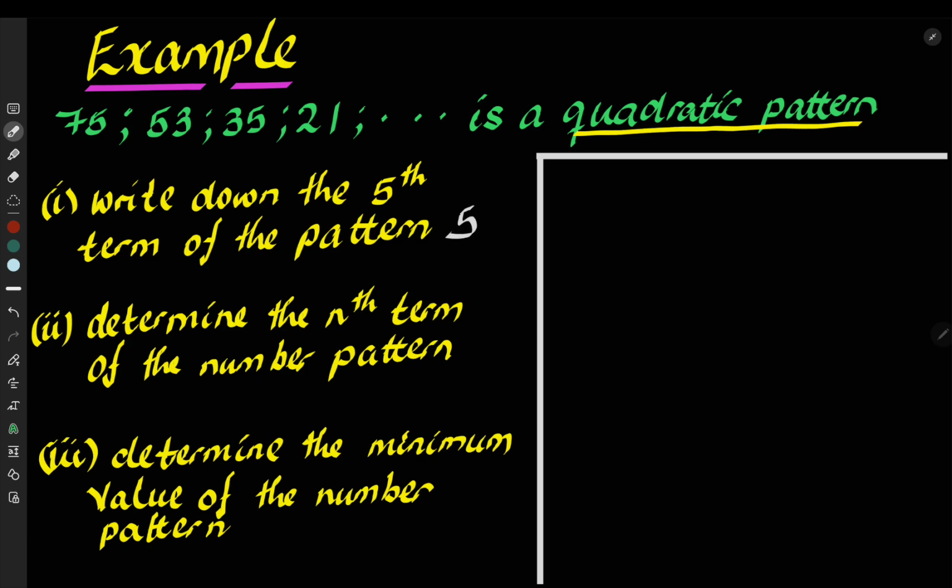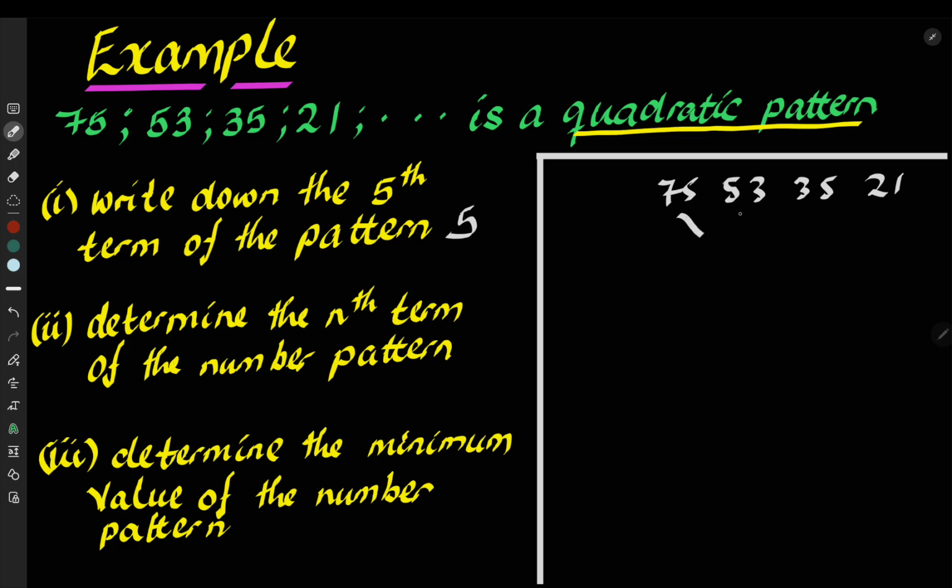Now, in the next bullet, we are asked to determine the nth term of the pattern. So let's just rewrite our pattern: 75, 53, 35, and 21. And remember, the other one was 11.